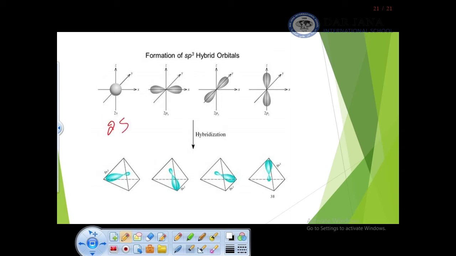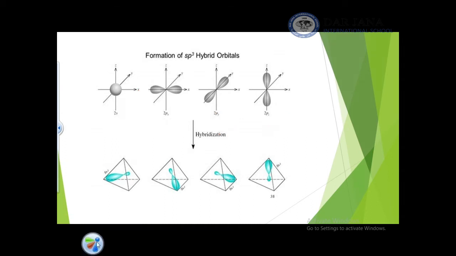That's the 2s and 2p, because we have 2px, 2py, and 2pz. When we mix 2s with 2p, we obtain this shape, as you can see. We have mixing in the covalent bond to obtain this figure, tetrahedral, as I mentioned before, because it's tetrahedral AB4, CH4, and we have 109.5 degrees as the angle.